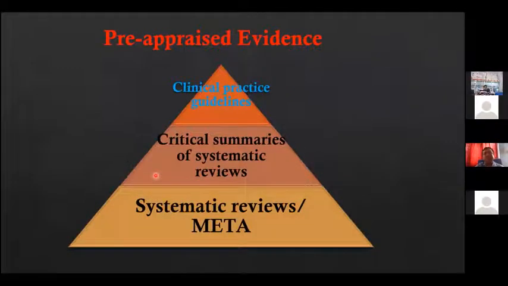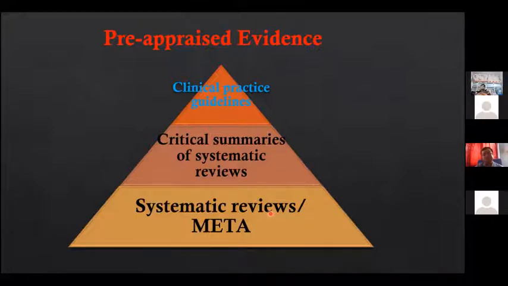Then we have some pre-appraised evidence. Pre-appraised evidence means a group of experts has looked into these evidences and then come to a conclusion. Now these start with the systematic reviews. The systematic reviews are the advanced form of the literature reviews.